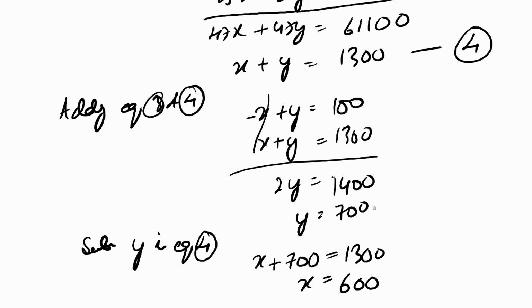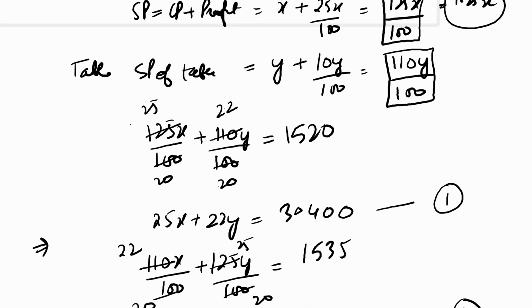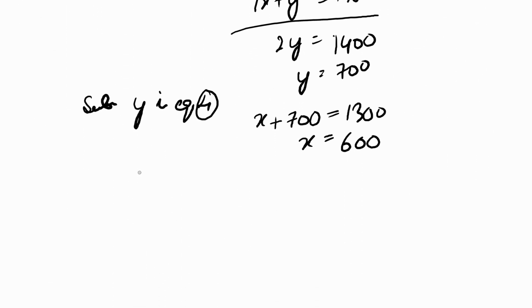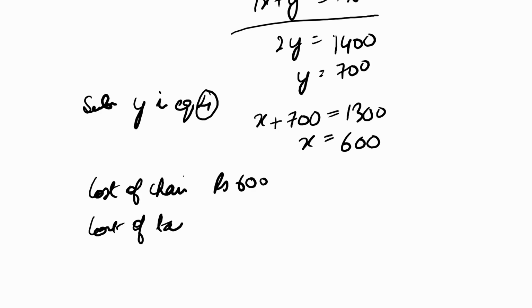That x was the cost of a chair. So the cost of a chair is rupees 600 and the cost of a table is rupees 700. Okay, students, I hope you understood this.